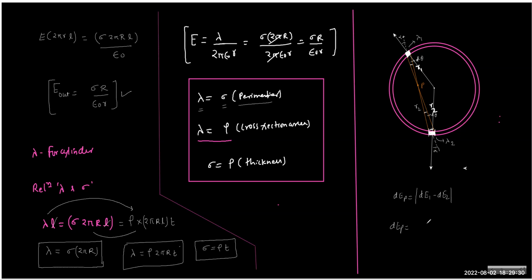Yes. Now the first will create a field by the formula lambda 1 by 2 pi epsilon naught R1. And the second will create lambda 2 by 2 pi epsilon naught R2. Why? Because these are infinite line charges. Do you realize this? And lambda we can write as sigma into the length, which is R1 d theta cos alpha.